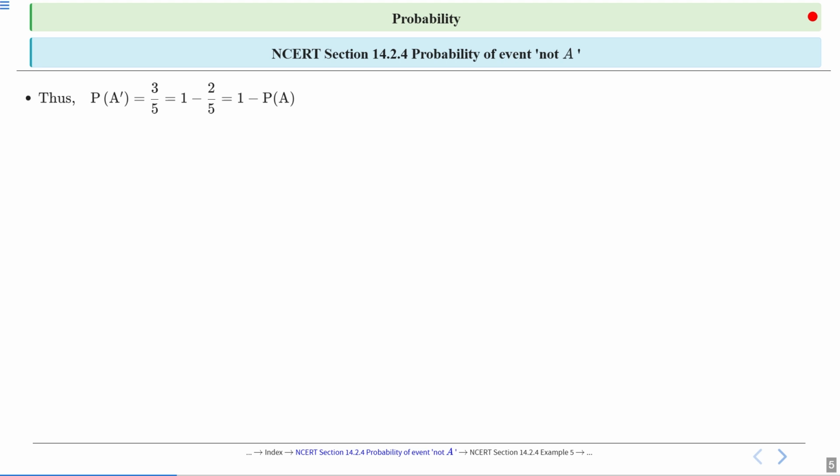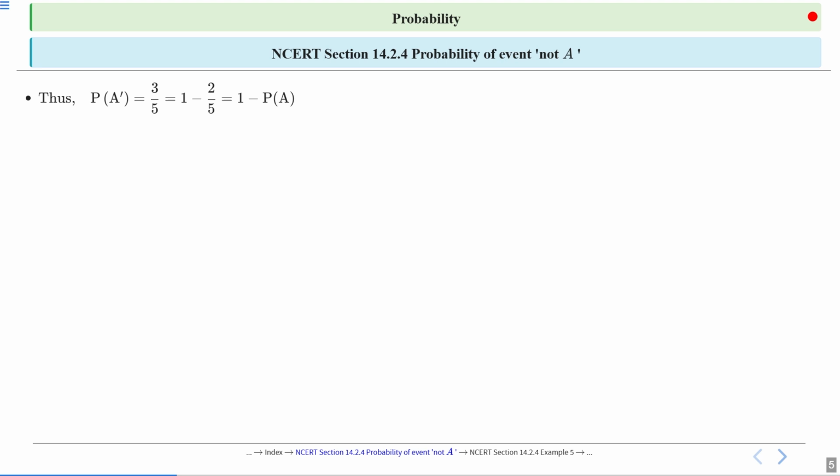And we have seen probability of event A is equal to 2 over 5, so in place of 2 over 5 we can write probability of A. So probability of A complement is equal to 1 minus probability of A. We obtain here the formula: probability of A complement is equal to 1 minus probability of A.